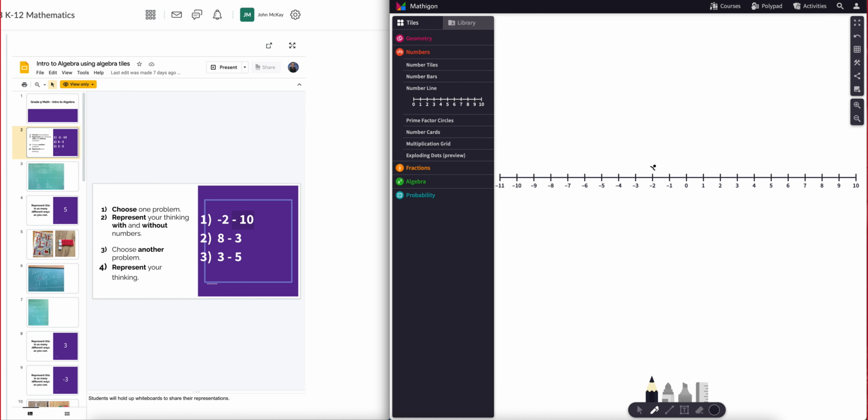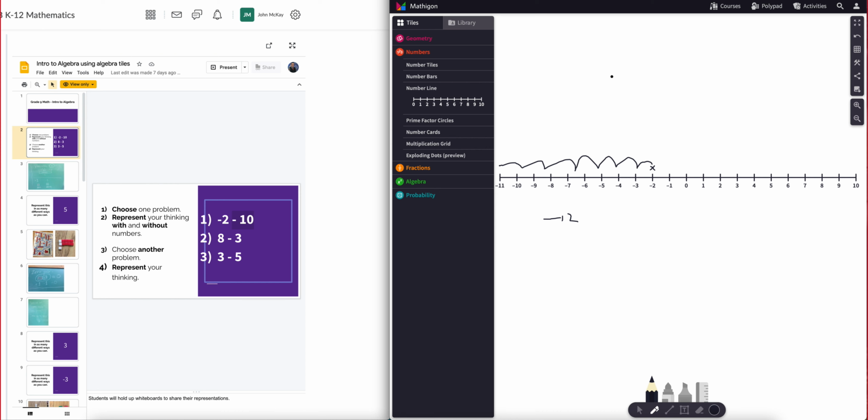I'm going to stand at -2, and then it's telling me to take away 10 more. If I'm taking away, it means I'm going to move more towards the negative numbers. How much more? 10. So I'm just going to count my 10 spots all the way until I get to -12, and that should be your answer.